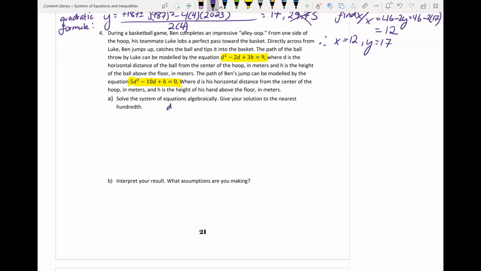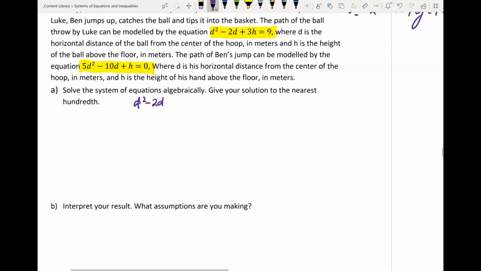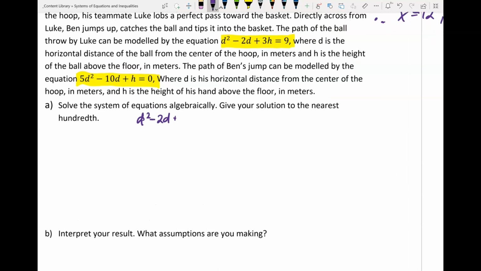So I'm just going to write down our two equations again. And because I've been doing so much substitution, I'm going to do this with elimination now.